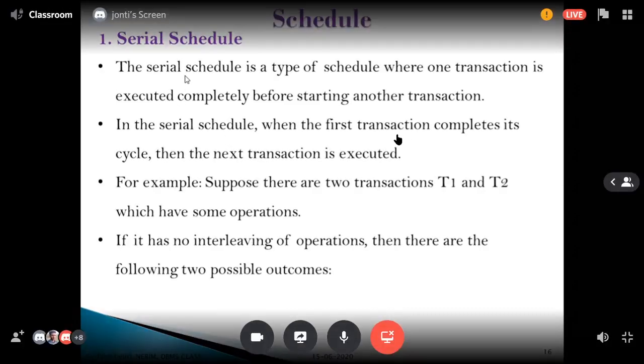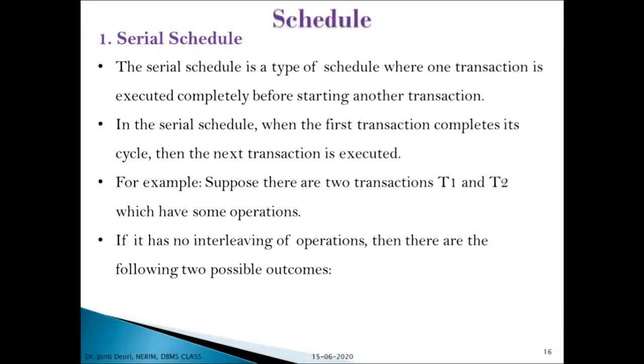So once you finish one transaction, that means you execute one transaction, only after that can you start another one. When the first transaction is completed, that means the whole cycle of the first transaction has to finish, then only the next transaction will be executed, right?